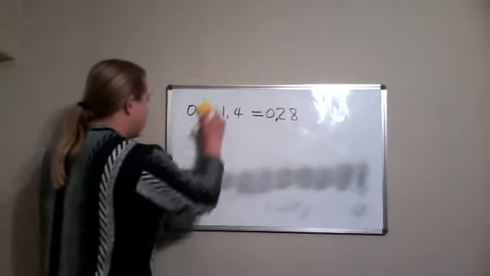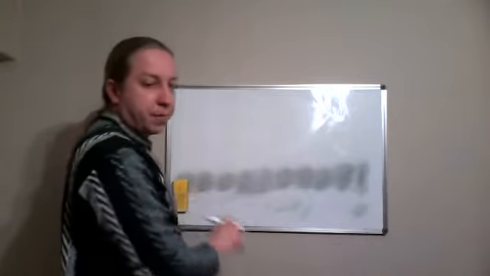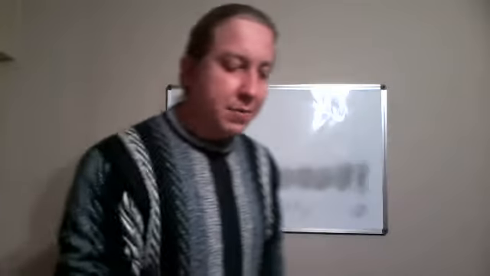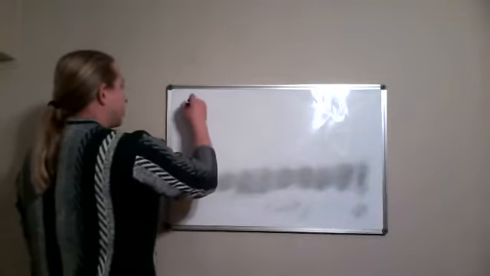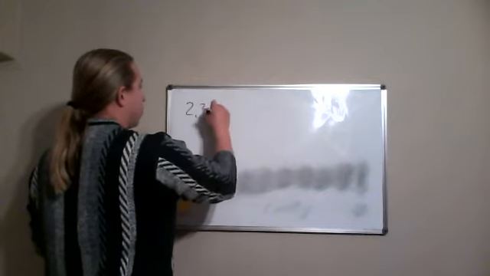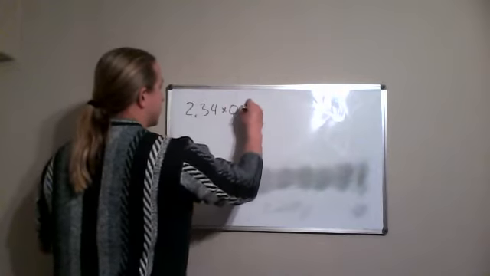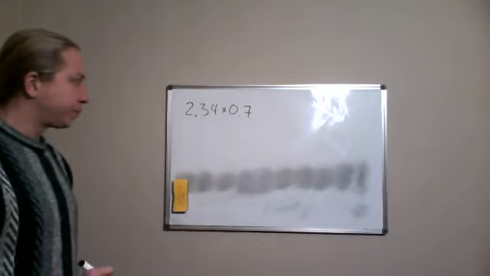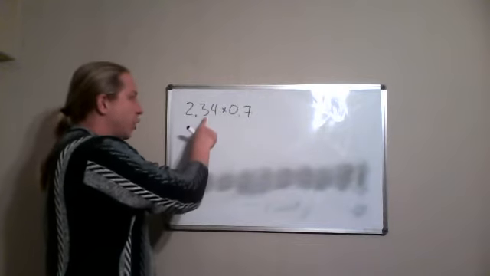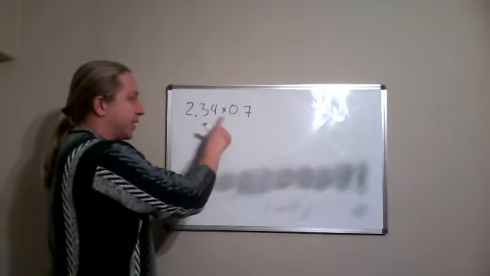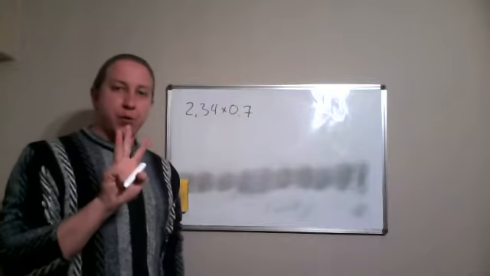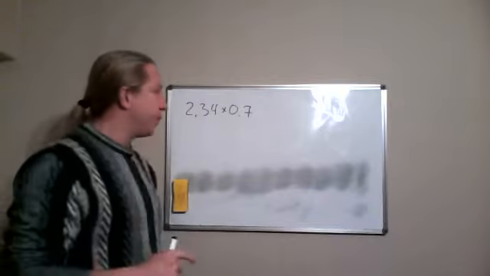Right, let's do the next example. The next example says 2.34 times 0.7. So we're dropping the decimal. We have two places here and another place there, so 3 in total that we're going to remember.